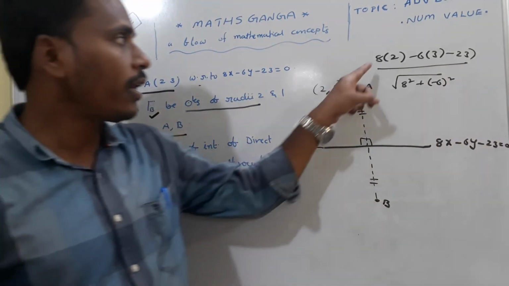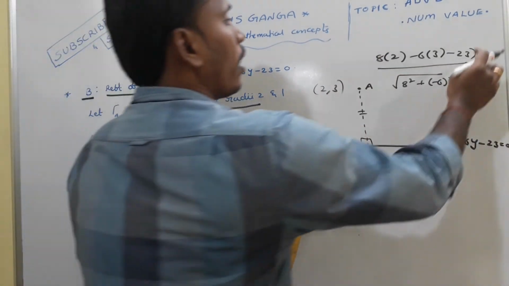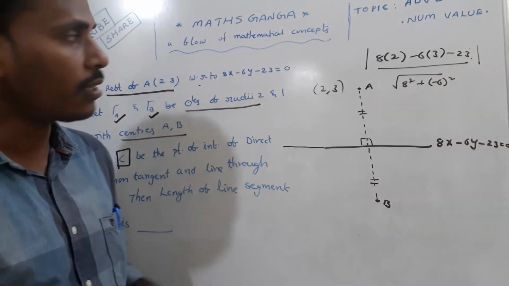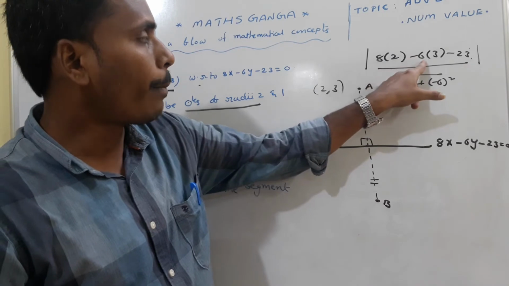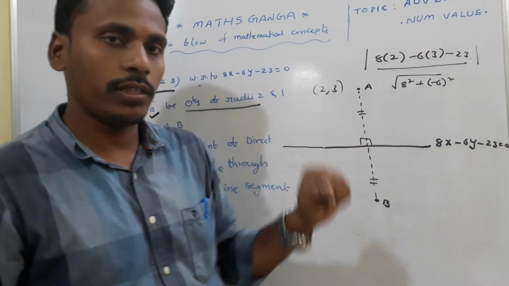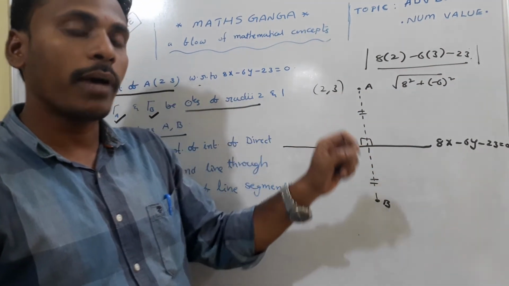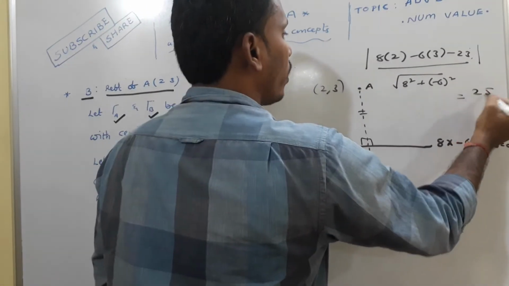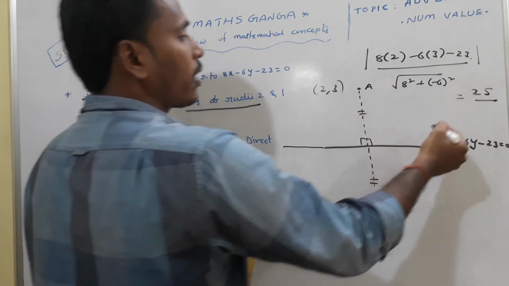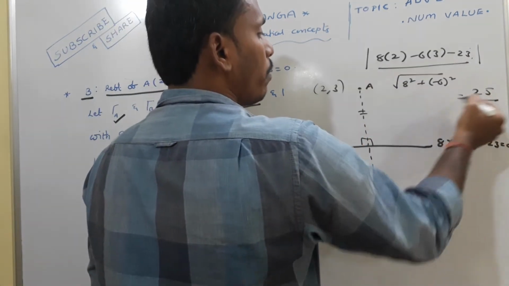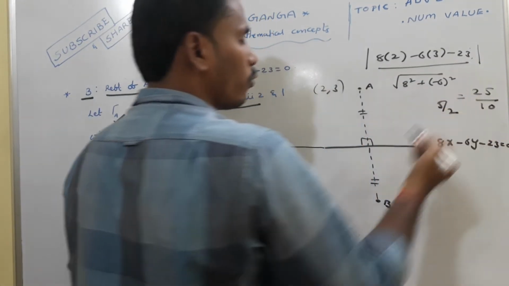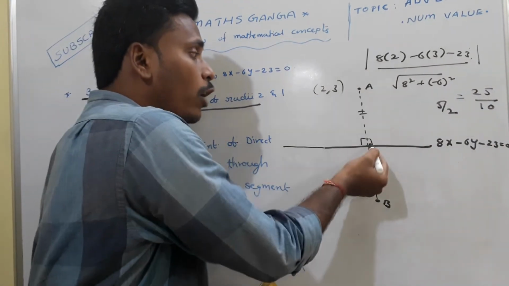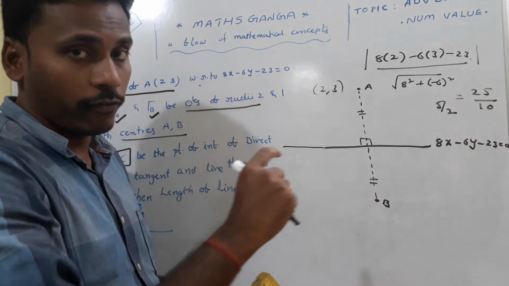Since we are going to calculate the distance, the modulus of this is the distance. 8 times 2 is 16, minus 18, minus 23. 16 minus 18 is minus 2, and minus 2 minus 23 is minus 25, so the modulus is 25. This value is 25 by root of 64 plus 36, which is 100, and that is 10. On simplification it is 5 by 2, which is 2.5. So the distance from A to the line is 5 by 2, which is 2.5.